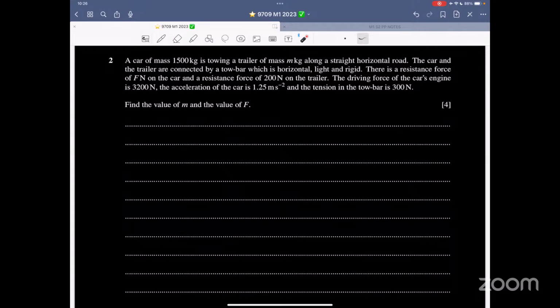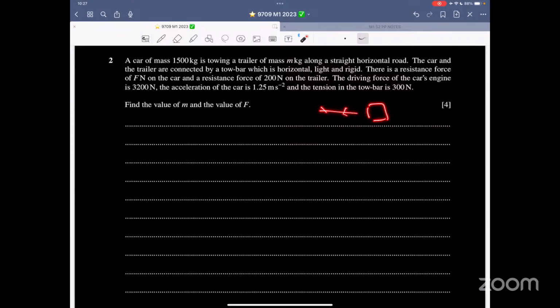The car and the trailer are connected by a tow bar, which is horizontal, light and rigid. That means it won't extend. The length will remain the same. Hooke's law won't apply. Light, ignore its weight. Horizontal means the tension in the bar would be just like this, and actually it's like this.